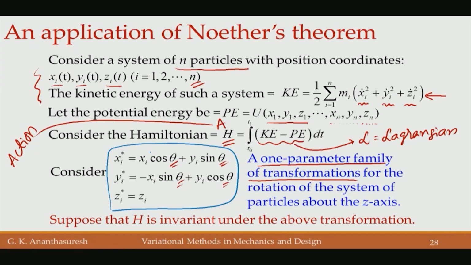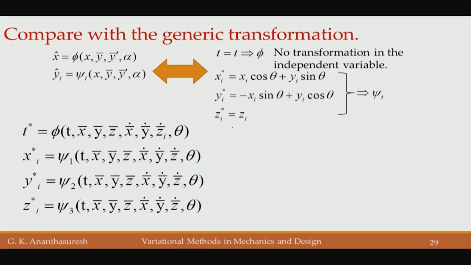So, if I take this one parameter that we said alpha, that alpha is now theta. If we have this, we would first show that H is invariant under the above transformation, that is we have this action or Hamiltonian, that should remain the same when you change that. If that is true, then Noether's theorem will be applicable and we will see what will be that one statement that we get. So, we write that down.